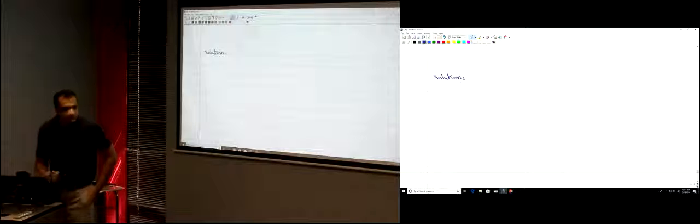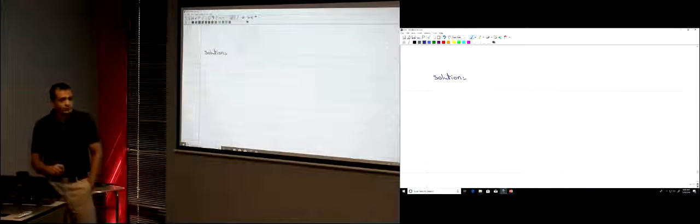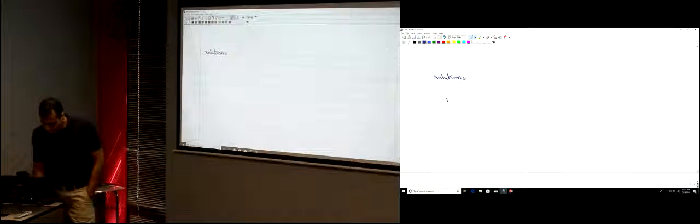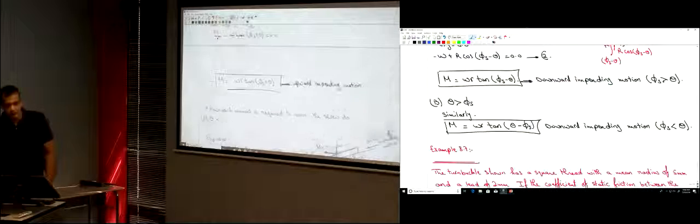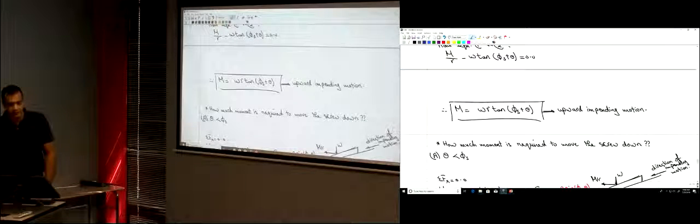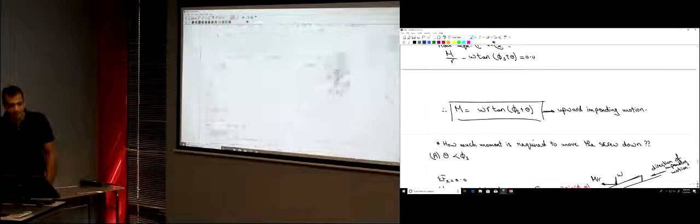It's a one-step problem. How much is the required moment? You just find the formula. Which formula are we going to use? The upward motion: W R tan phi s plus theta.